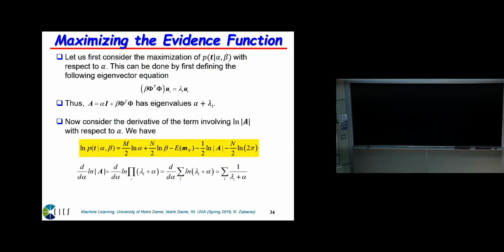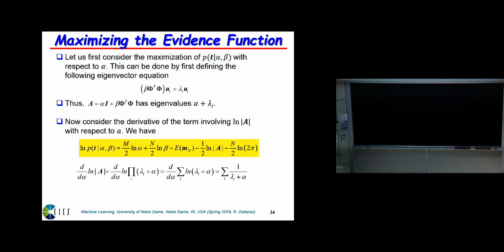And then we have derivatives of the log of this matrix A, and I remind you A is alpha I plus beta phi transpose phi. So the eigenvalues of A are alpha plus lambda i. Can you see that? If the eigenvalues of beta phi transpose phi are lambda i, the eigenvalues of alpha I plus this matrix are alpha plus lambda i.